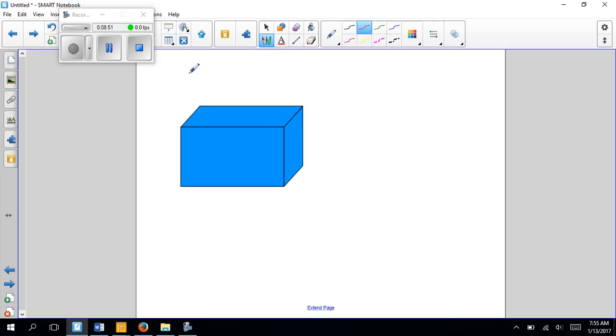I want you to find the volume of this box if it has 9 inches, 5 inches, and 2 inches as its dimensions. Look at your formula sheet, maybe pause this, give yourself a chance to work through it, and then test yourself with my answers on here.